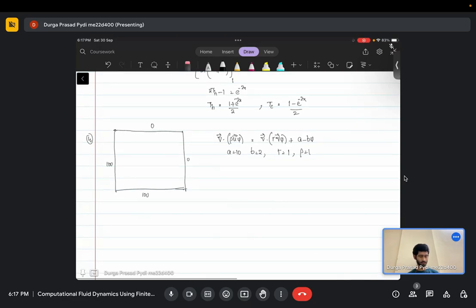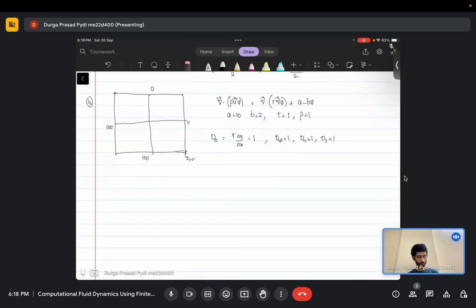So the first step, as we have discussed previously, is to write your coefficients. So your d east will be gamma delta y by delta x. In this particular set, it's a 2 by 2 grid, and this is 2 comma 0. So essentially your delta x and delta y are 1. So d east is 1, d west, d north, d south are also 1. Next is to write your convective coefficients.